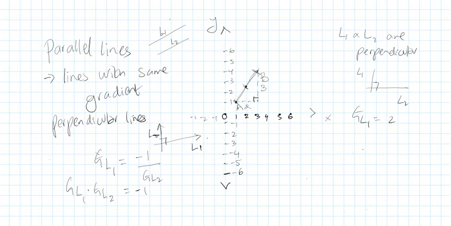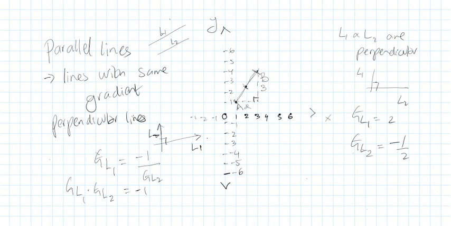So if you need to find the gradient of the other line, let's say line 2, it's -1 over the gradient of line 1. Or you can use the second relationship, which is basically the same one, but rewritten in a different way. If I'm multiplying these two, I'm getting -1, because 2 times -1/2 is -1.